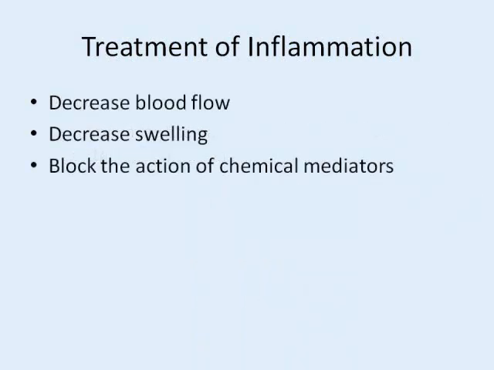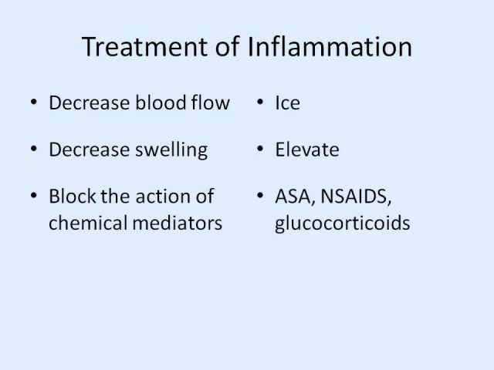So how do we treat it? We decrease the blood flow, we decrease the swelling, and we block the action of the chemical mediators. How do we do that? Well, this slide shows you stuff that shouldn't be big news to most of you. You decrease the blood flow, use ice. Decrease the swelling, elevate the affected area. And then block the action of chemical mediators.